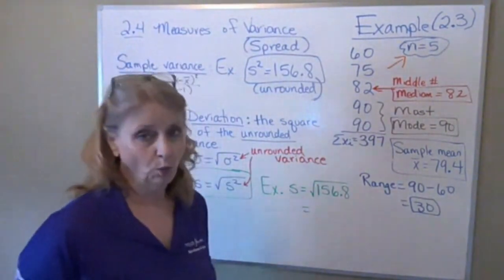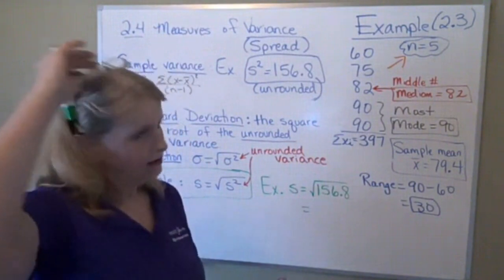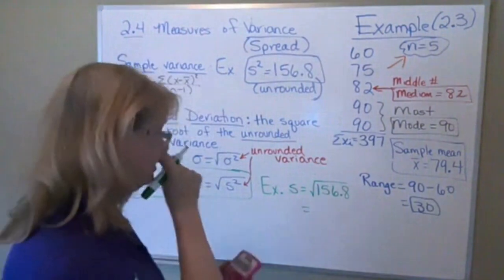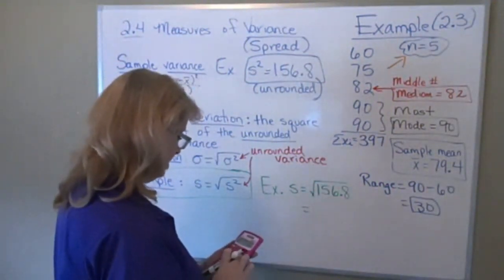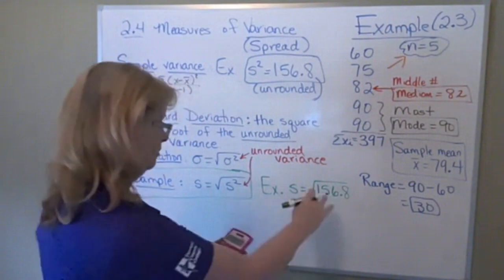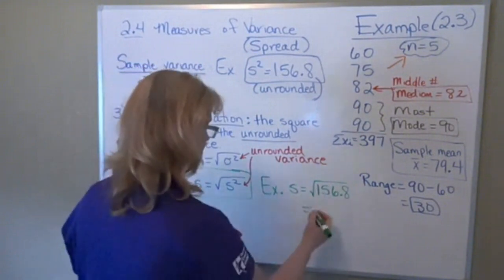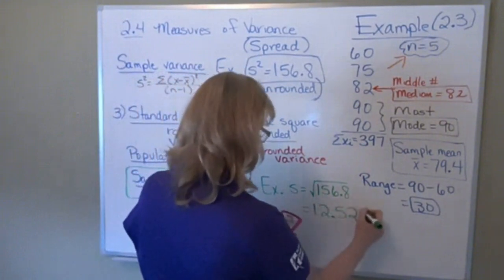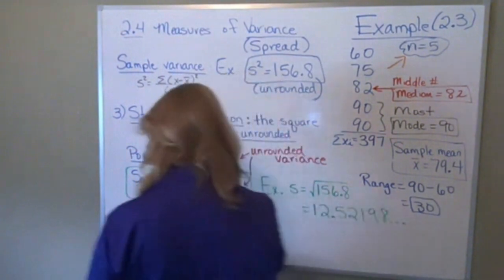It takes time, you have to punch in a lot of numbers, and there's a lot of room for mistakes. But it's probably the most complicated formula that we're going to work with in this course. So I'm going to take the square root of 156.8, and that gives me a big long decimal number. I'm going to write down several places that it goes on.